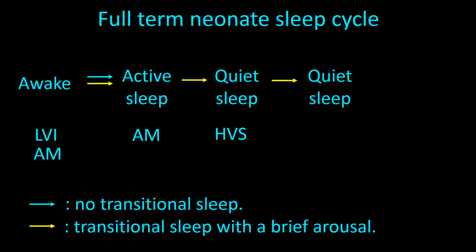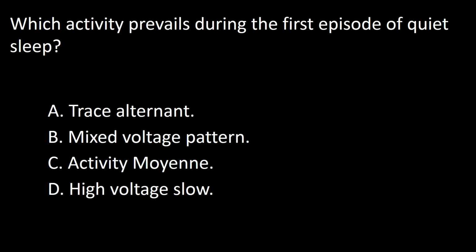And at that point, while the patient is still in quiet sleep, the prevailing activity will be tracé alternant. This is followed by a brief period of transitional sleep and a return to active sleep. The prevailing EEG activity during this second period of active sleep is a slow wave irregular pattern. So the answer to this question is D.